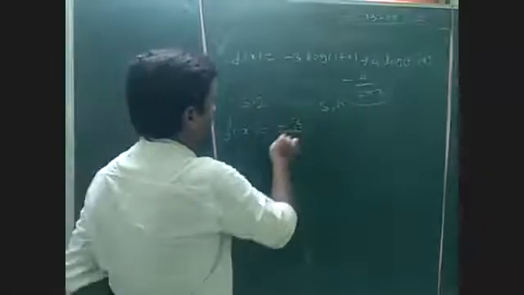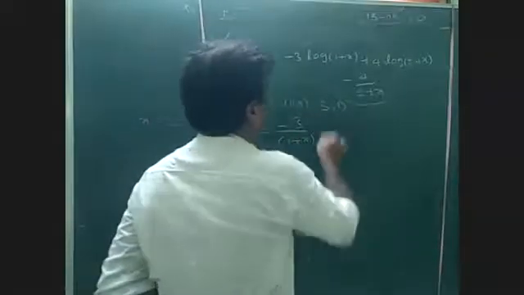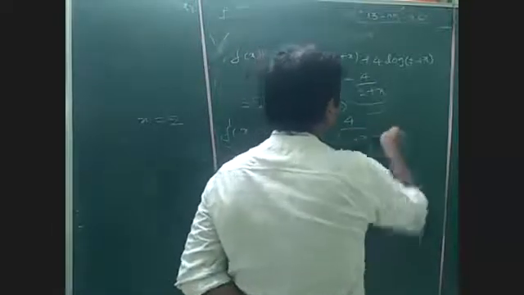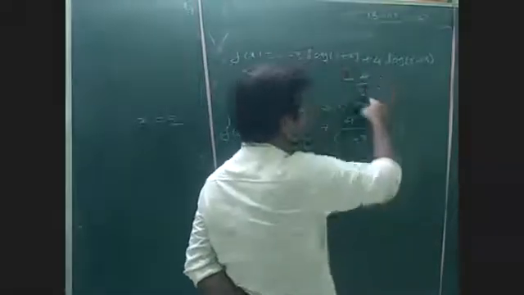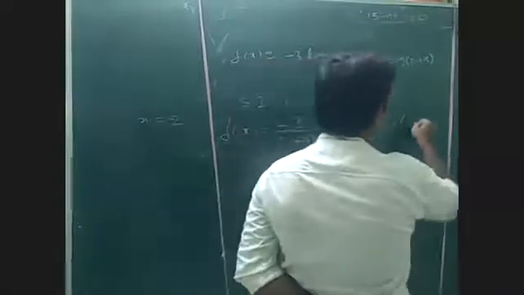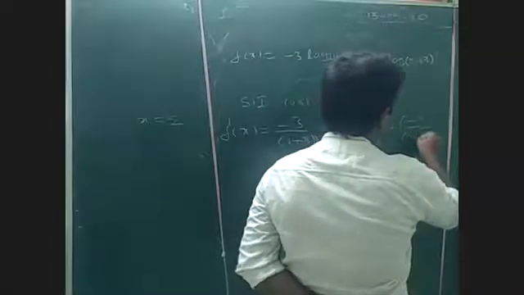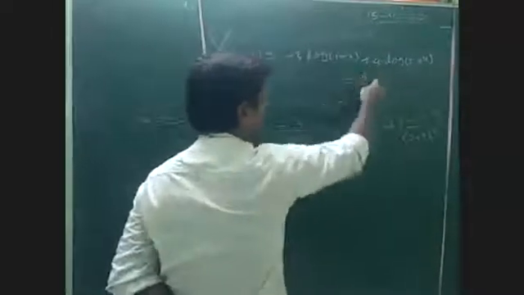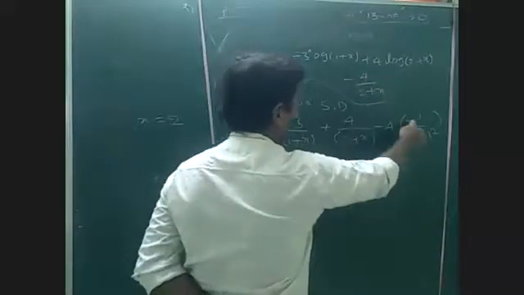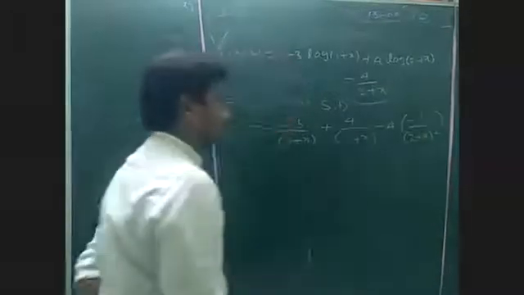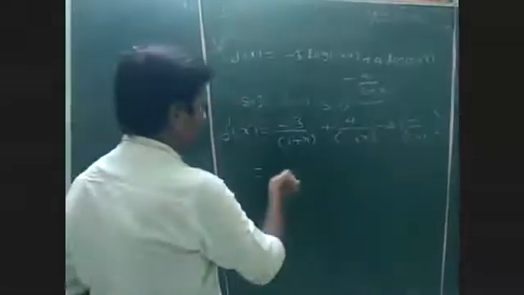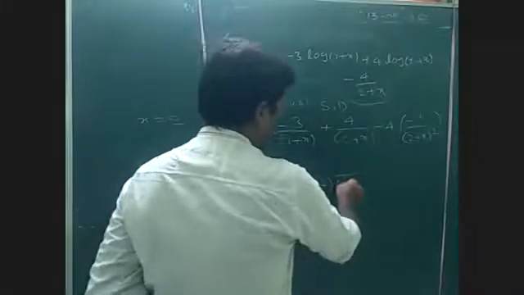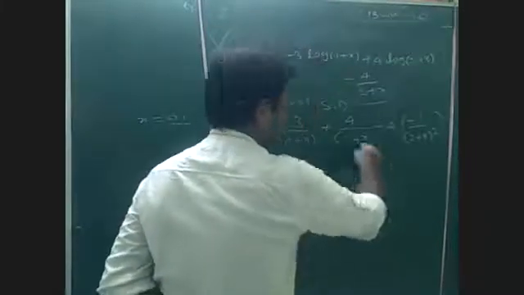Minus 3 by 1 plus x plus 4 by 2 plus x minus 4 is common. This side has 1 by x, whose derivative is minus 1 by x square, so minus 1 by 2 plus x whole square. Now what is the LCM here? LCM is 1 plus x times 2 plus x the whole square.